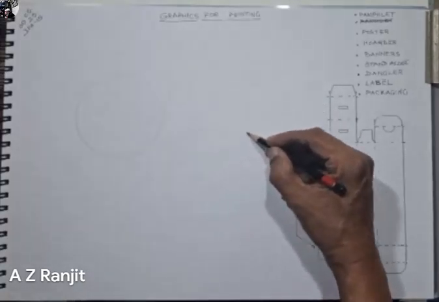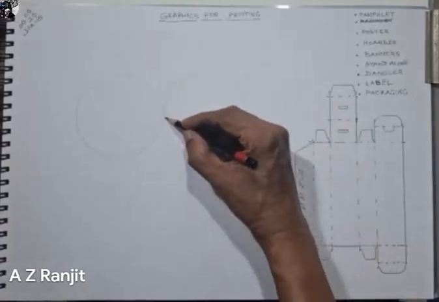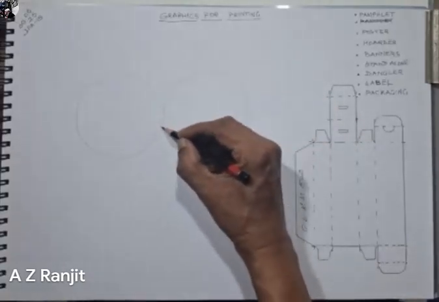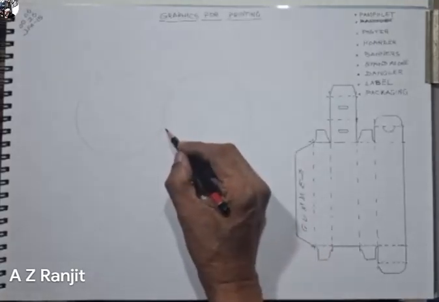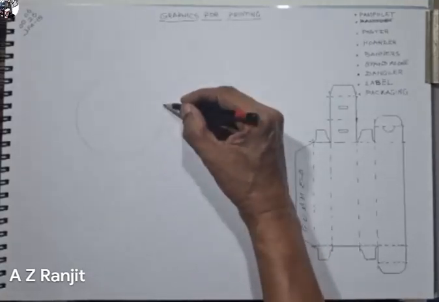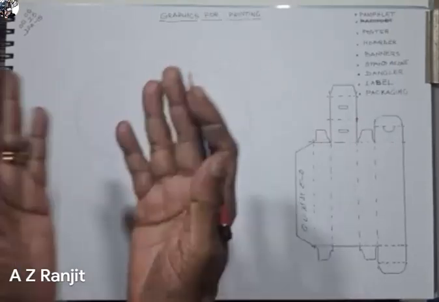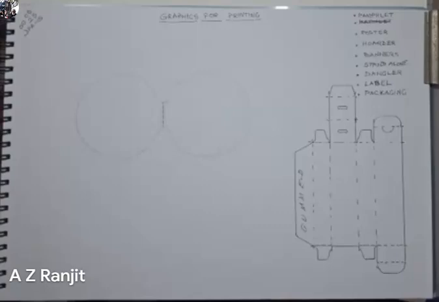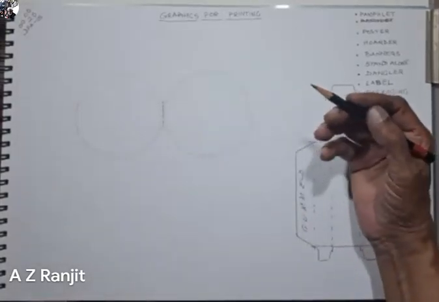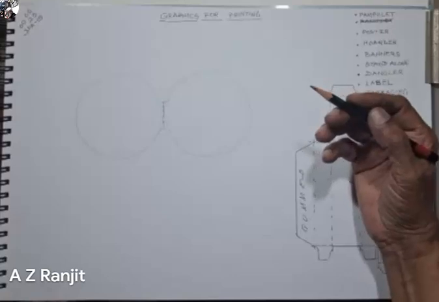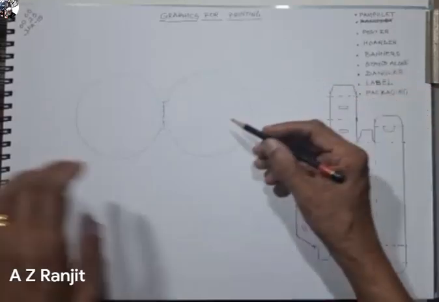It can be printed on both the sides, or it can be two pieces stuck together. It will be folded. Okay. Suppose this is going to be what? What shall we have? Say ice cream cone, or maybe ice cream cone will be nice.